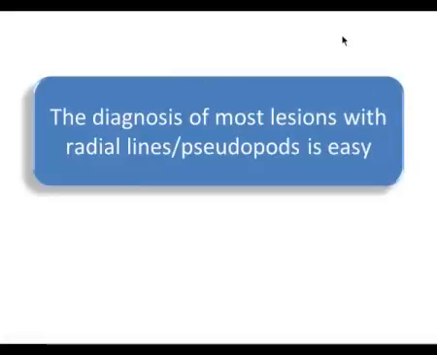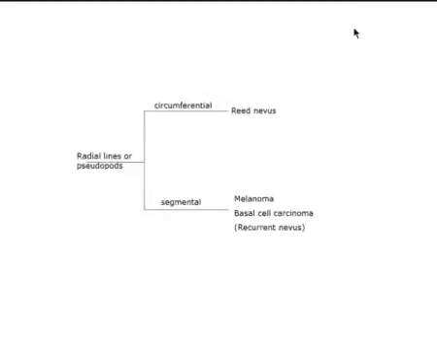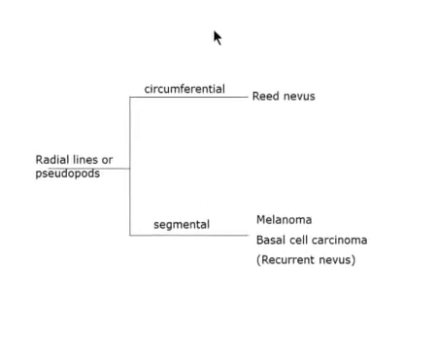Now, the diagnosis of most lesions with radial lines of pseudopods is easy. We have only to make a difference between radial lines of pseudopods that are distributed over the entire circumference, so circumferential radial lines of pseudopods. Then we usually have a Reed nevus.